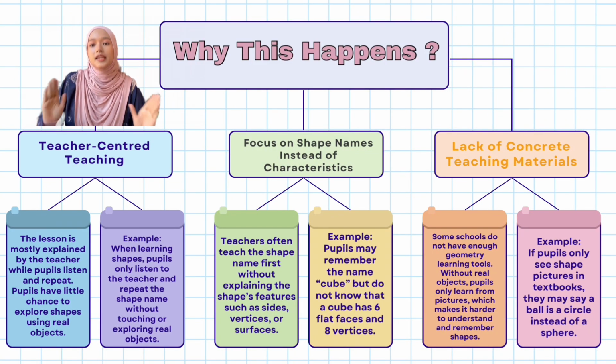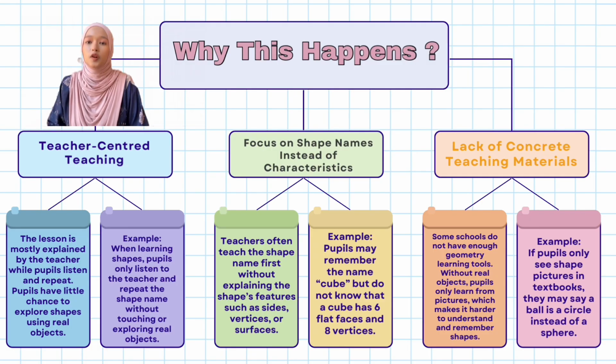Third, there is a lack of concrete teaching material in some schools. Without real objects or 3D models, pupils only learn from pictures in textbooks. This makes it harder for them to understand the difference between 2D and 3D shapes.